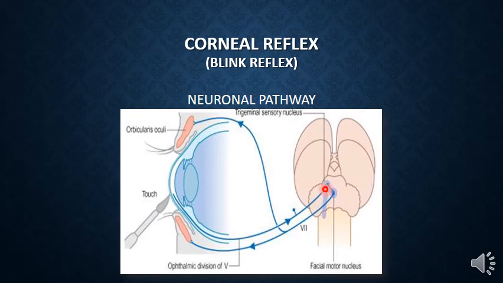Now the impulses are then sent through internuncial neurons to the motor nucleus of facial nerve on both sides through medial longitudinal fasciculus. Now, the motor nucleus of facial nerve, through facial nerve, innervates the orbicularis oculi muscles on both sides, and as a result the eyes blink.